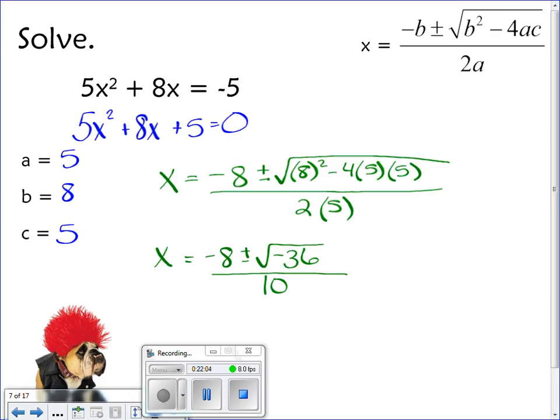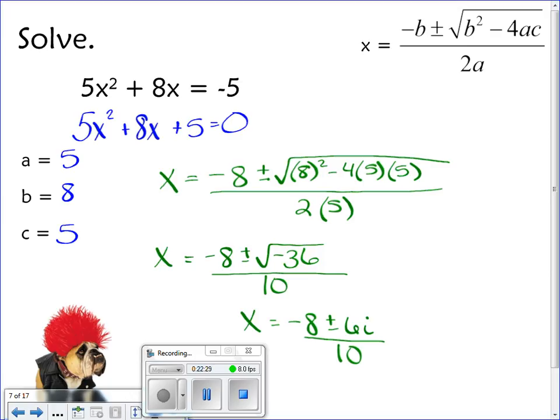Can I do anything with that radical? Take an i out. So what is it going to actually become here? 6i. So negative 8 plus or minus 6i over 10. Am I done, or do I have to do anything else? Yes, technically I'm doing a GCF.